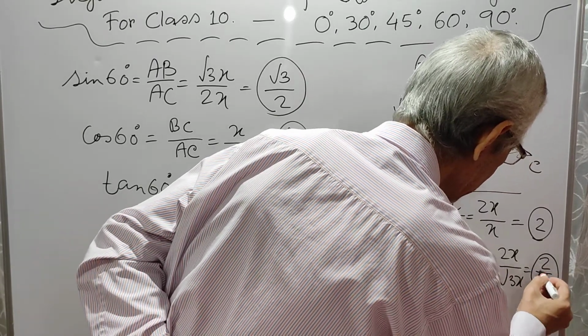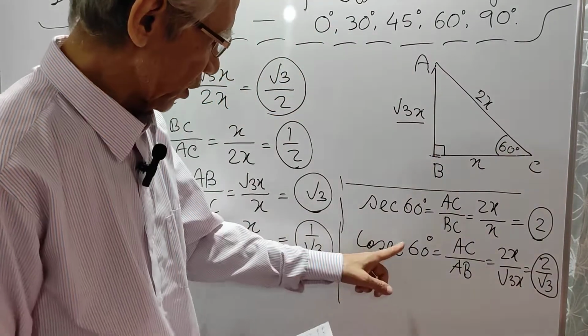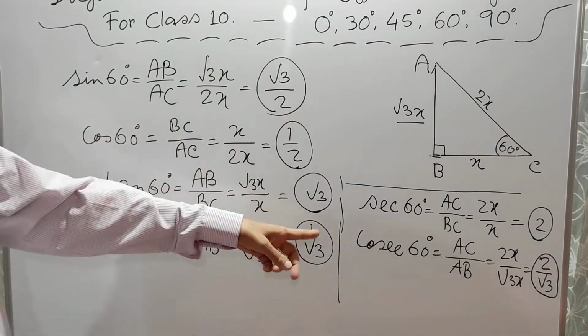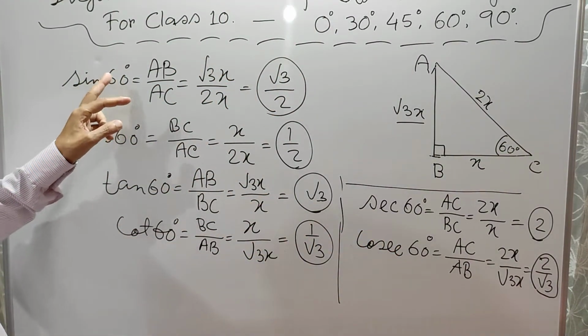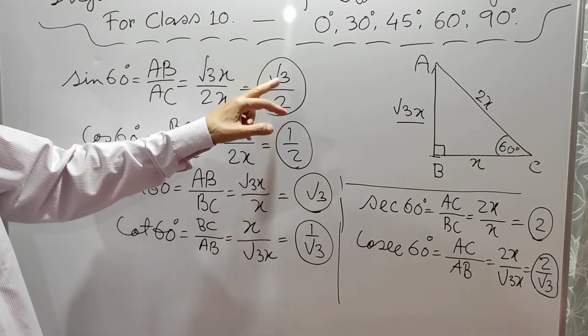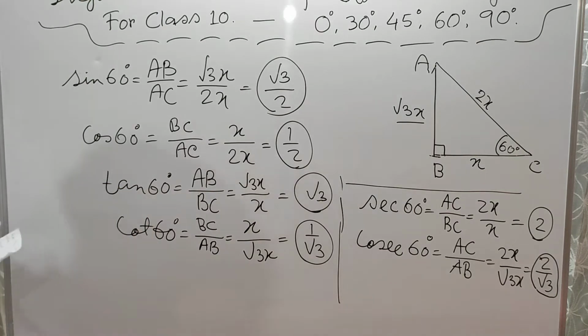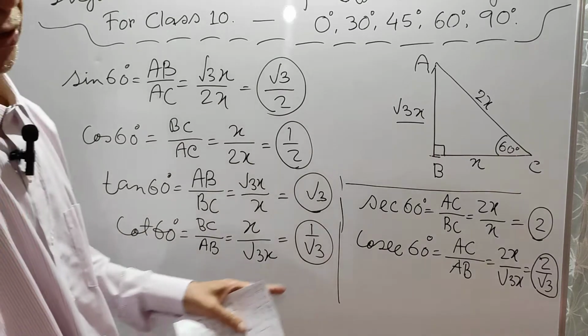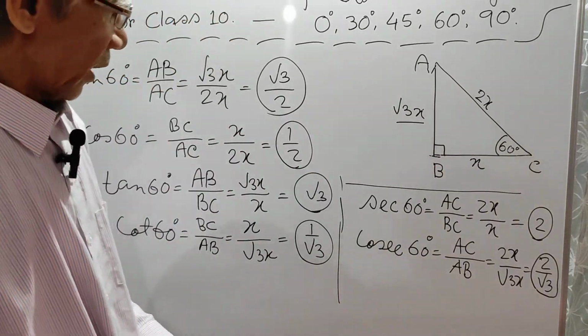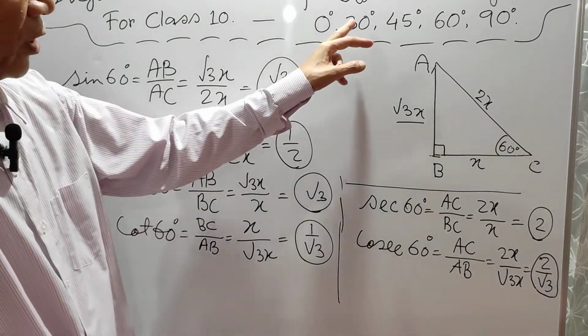So 2 by root 3 is the value of cosec 60. This is the reciprocal of sine 60. Sine 60 is root 3 by 2, so the reciprocal of this is 2 by root 3. So this is how we have found out sine, cos, tan, cot, sec and cosec of 60 degrees.